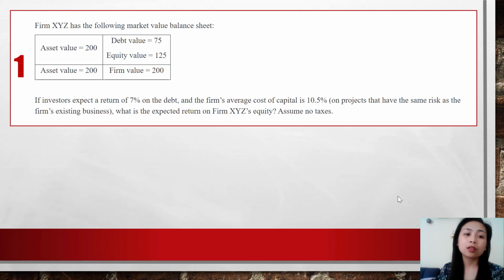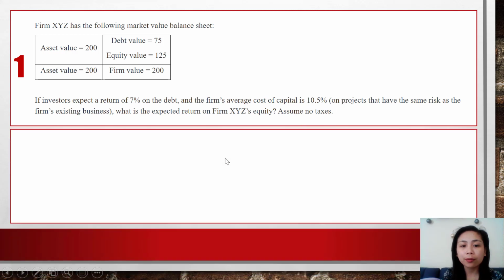If investors expect a return of 7% on the debt, and the firm's average cost of capital is 10.5% on projects that have the same risk as the firm's existing business, what is the expected return on firm XYZ's equity? Assume no taxes. So here we assume no taxes, so there's no tau C in this problem.